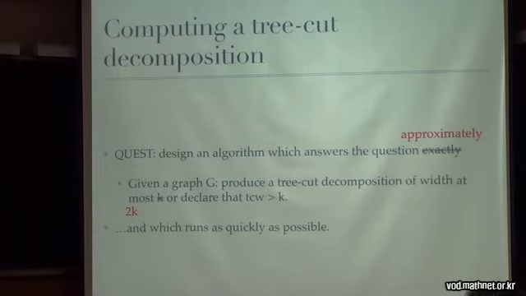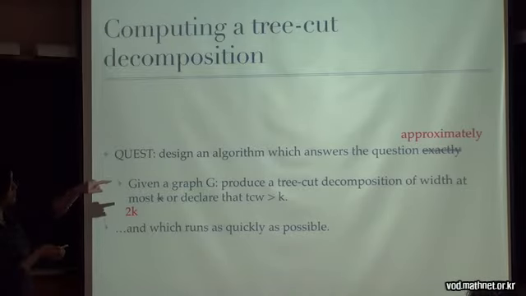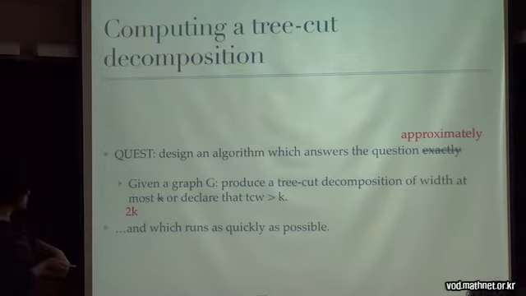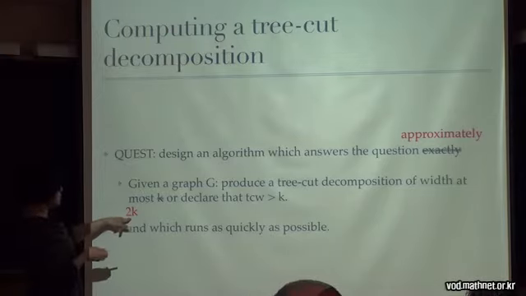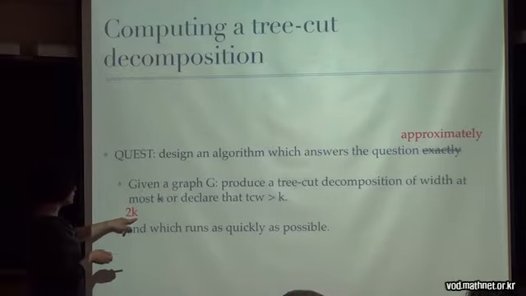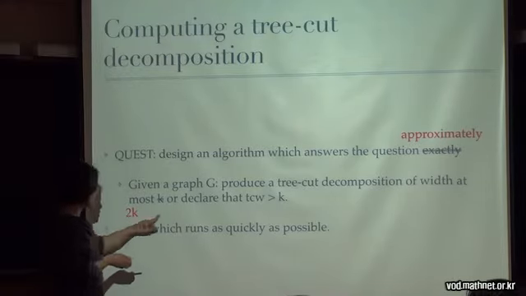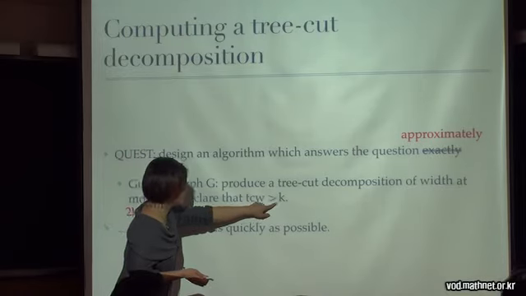This problem is a little bit hard, so we relaxed the requirement a little. Instead of answering the question exactly, we answer it approximately. Either produce a tree-cut decomposition of width at most 2k, or correctly declare that the tree-cut width is bigger than k.